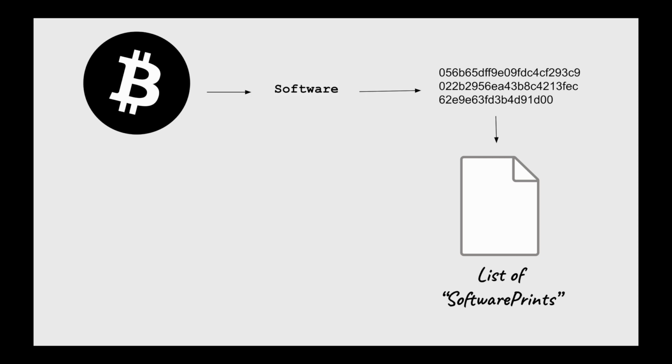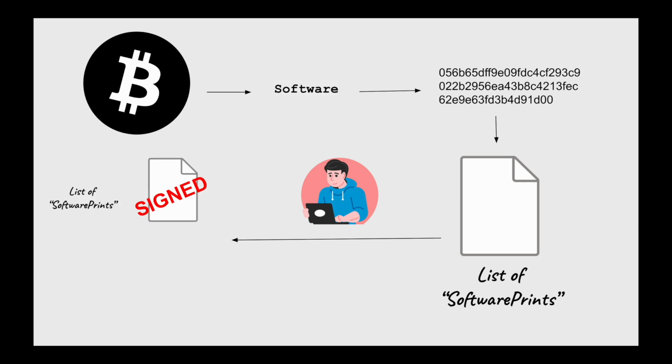Then, to prove this file has not been manipulated, the file itself is passed to Bitcoin developers, which are trusted by the users. They sign the file with their private keys, and when they do it, they generate two files. The first one is the signed file with all the software prints, and the second one is the proof file, which is then used to check the validity of the signing.